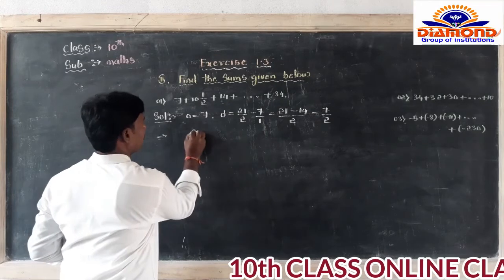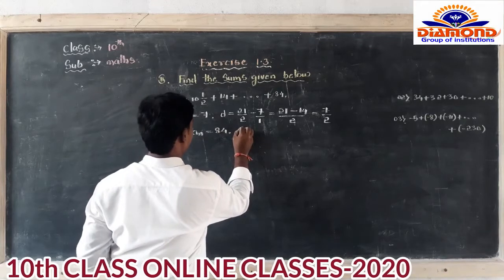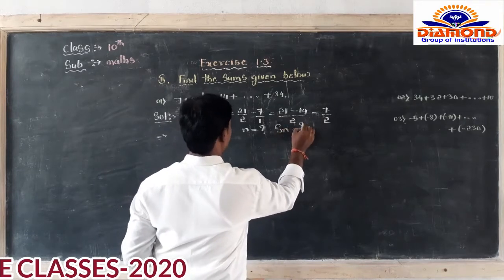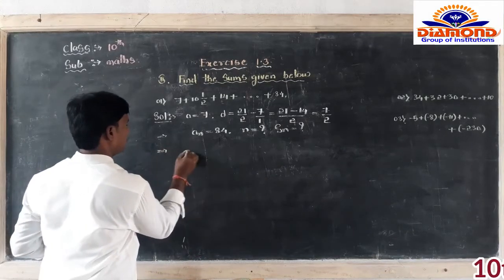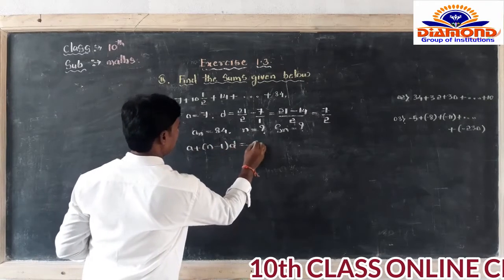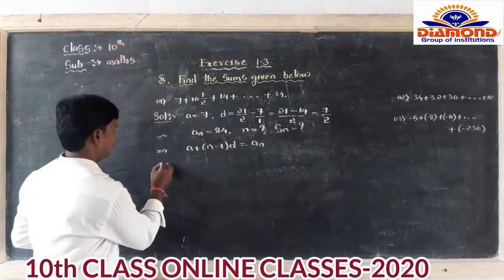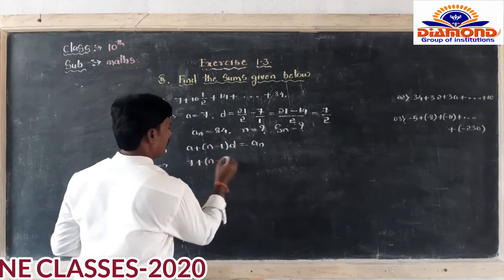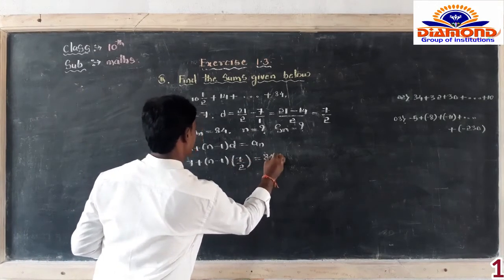And here the last term is given, l is equal to 84. First we should find n, which is the question mark, and then the sum Sn. This is the balance. First we know the nth term of the AP formula: a plus (n minus 1) d is equal to the last term. The a value is 7, plus n minus 1, where n we don't know, the common difference is 7 by 2, and the last term is 84.